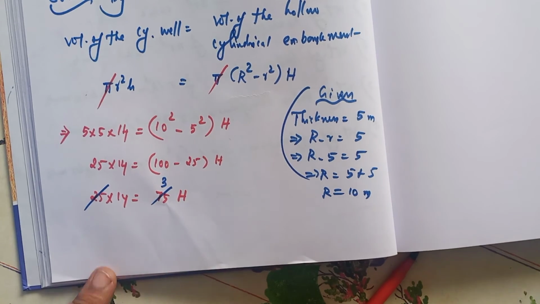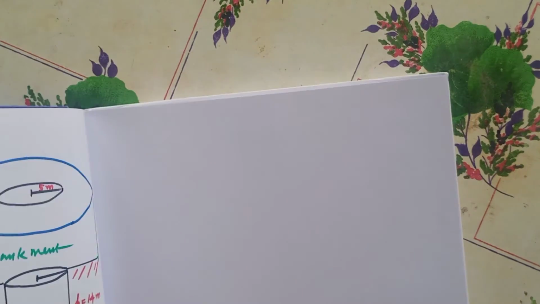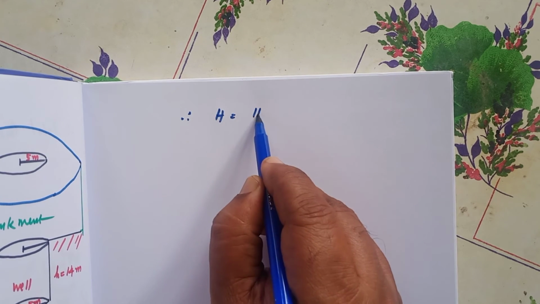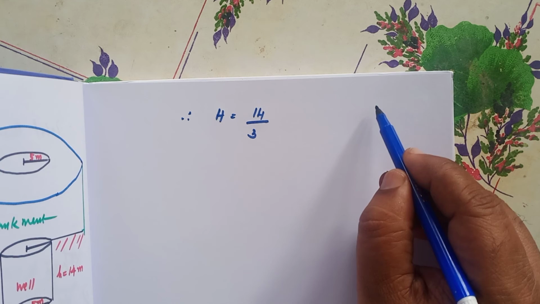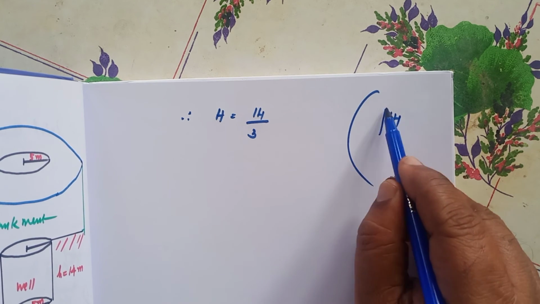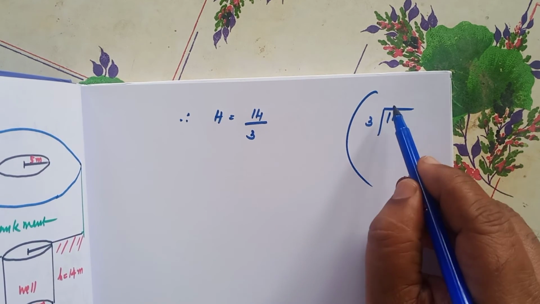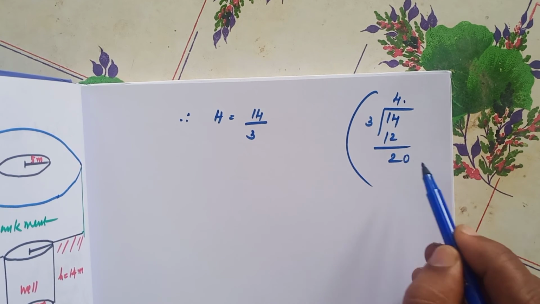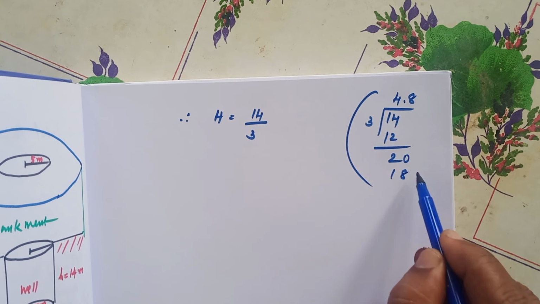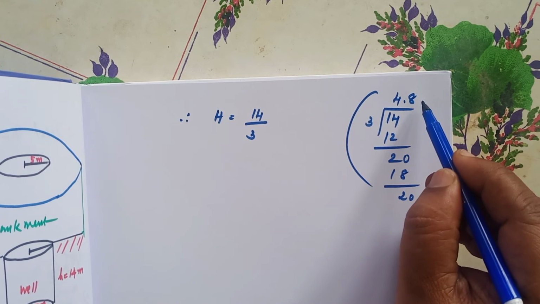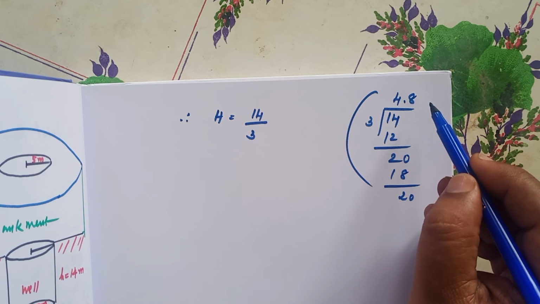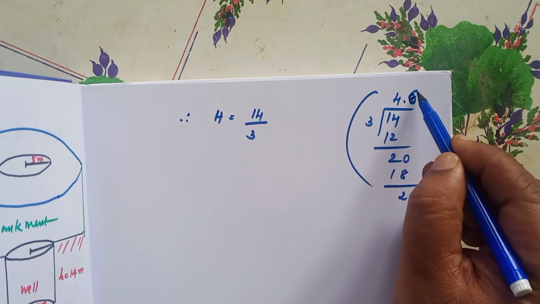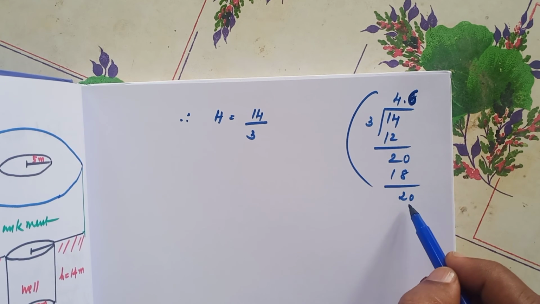3 comes to the denominator. Therefore, H equals 14 divided by 3. Now I have to divide. 14 divided by 3: 3 fours are 12, balance 2, 0. 3 sixes are 18, balance 2, 0.